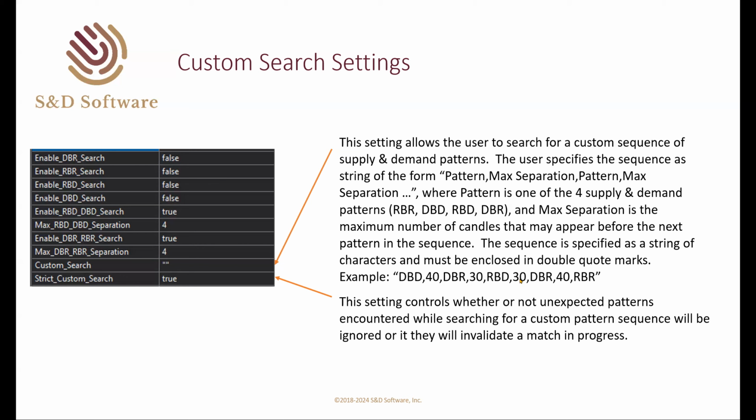Only when we have exceeded the number of candles we're allowed to have between the prior pattern in the sequence and the one we're looking for, only then can we declare the sequence broken and have to start searching again. So I hope that made sense.